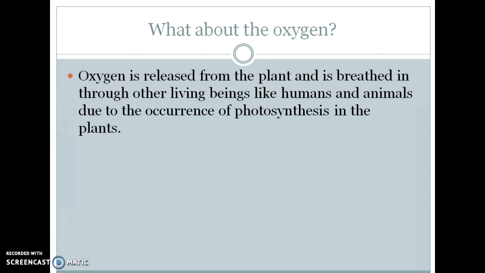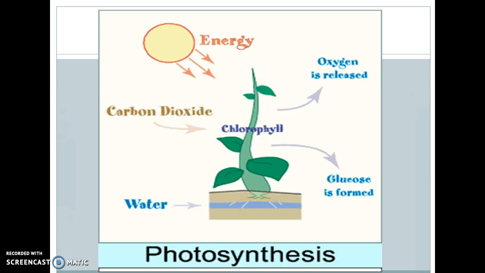So, photosynthesis itself. Here is an overall picture of what exactly is happening when photosynthesis occurs. So we're just going to review again. Now, the plant takes energy from the sunlight.